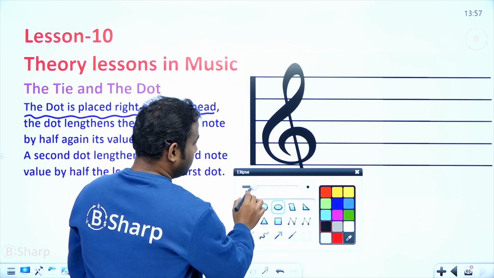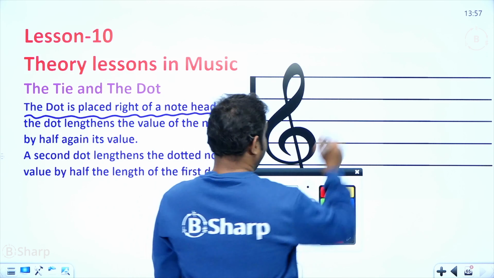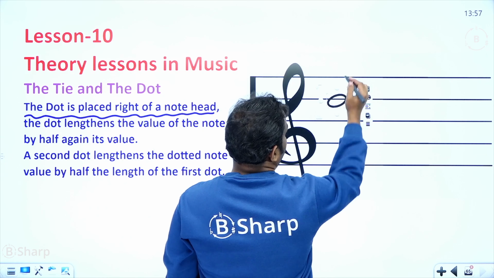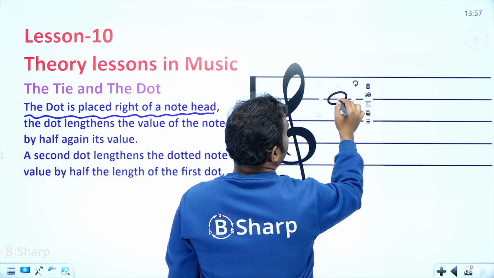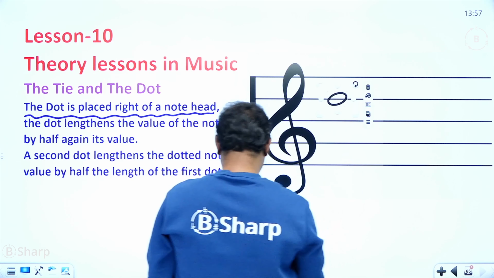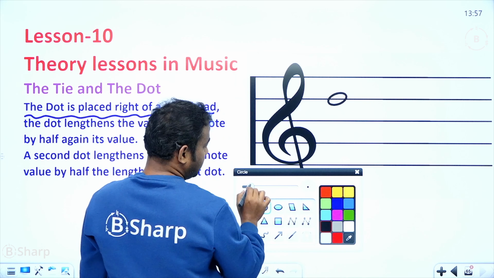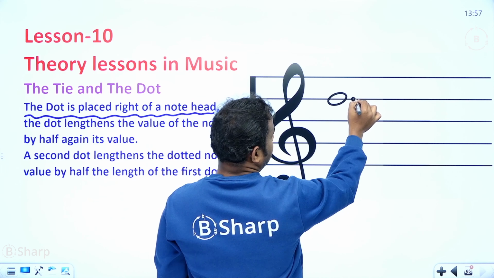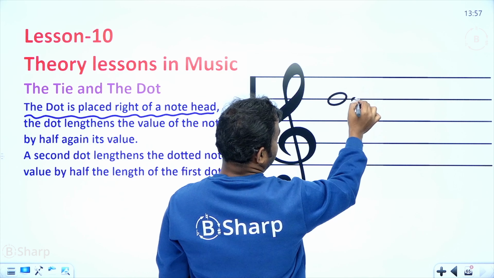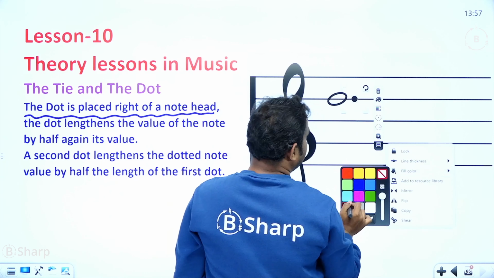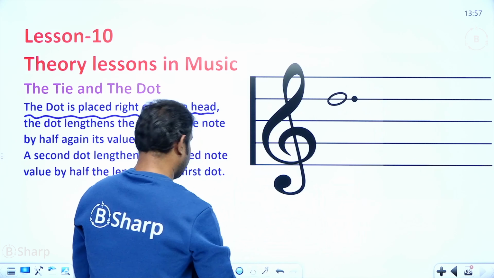For example, here there is a note. So what is this note? For example, this is a whole note. If I place a dot exactly at the right side of this one, then we can call it a dot.